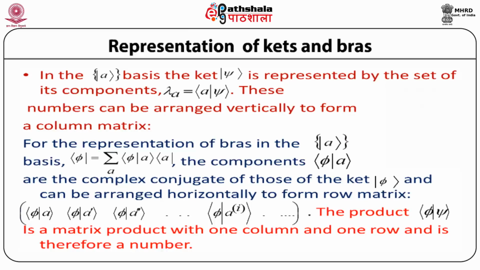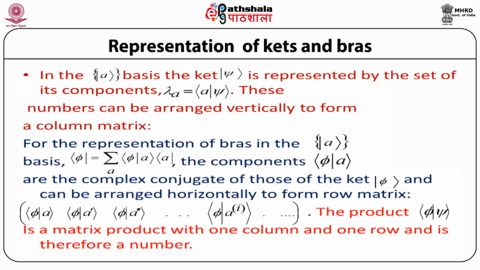Similarly, for the representation of the bras in the |A⟩ basis, we can write ⟨φ| = Σ_A ⟨φ|A⟩⟨A|, and the components ⟨φ|A⟩ are the complex conjugate of those of the ket vector φ and can be arranged horizontally to form the row matrix, which is given as ⟨φ|A⟩, ⟨φ|A′⟩, ⟨φ|A″⟩, and so on.